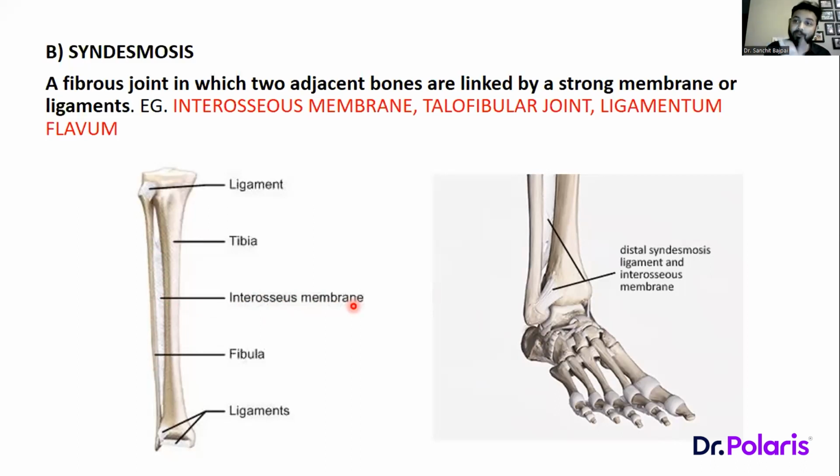So a type of fibrous joint which connects by the help of a strong membrane or a ligament is given the name syndesmosis. Examples: interosseous membrane, which is found between tibia and fibula. Also, it can be between your radius and ulna, right? As well as you can see this: a type of membrane between your two bones at the distal end of your tibia and fibula.